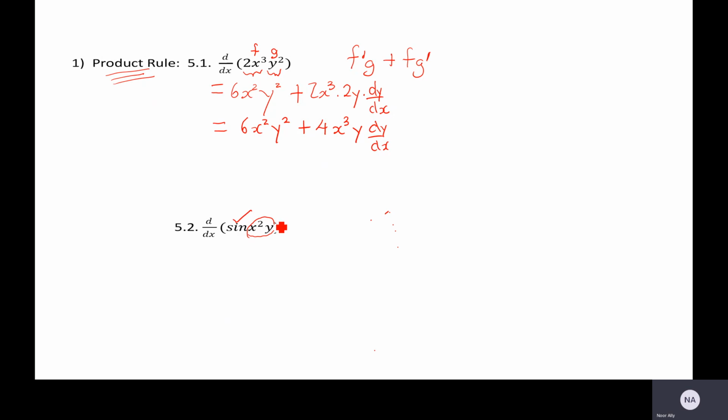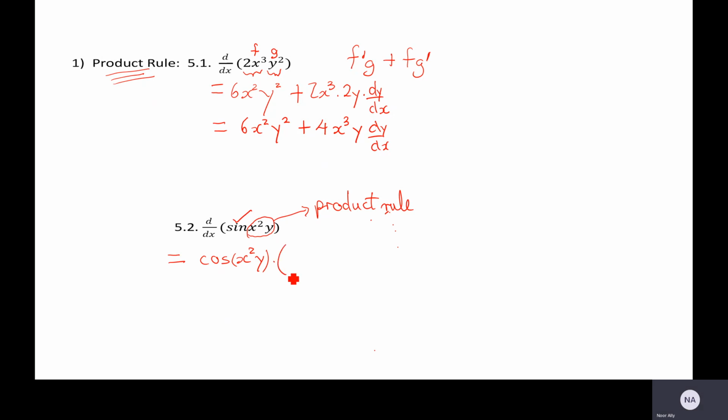So when I get to differentiate this term, I must use the product rule. So let's go ahead with this. Using the chain rule, what's the derivative of sine? That is cos, and because it's acting on x squared y, I do not change that. Do I stop there? No.